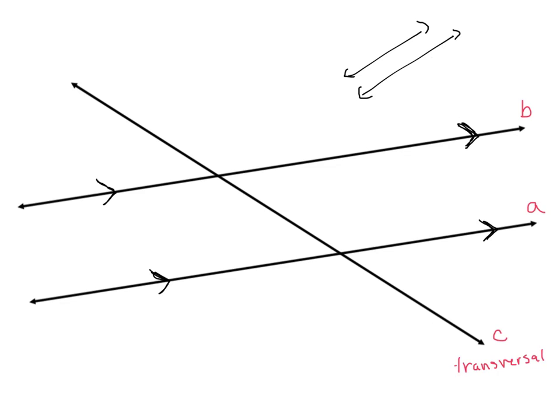So we're going to be talking about these properties that happen when we've got a line crossing two parallel lines. We also have a special notation to talk about lines being parallel to one another, and we say A is parallel to B.